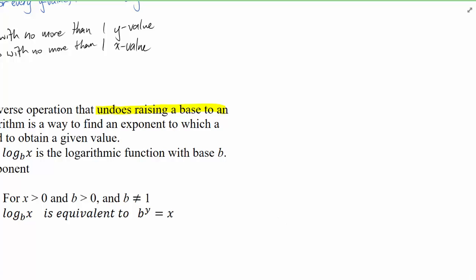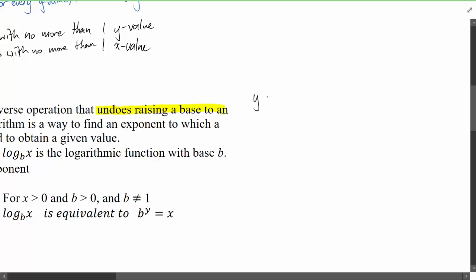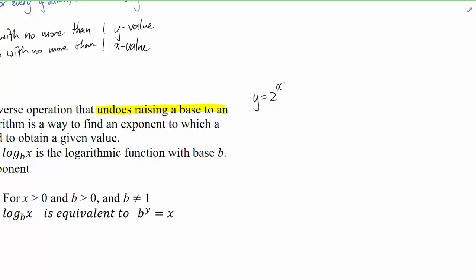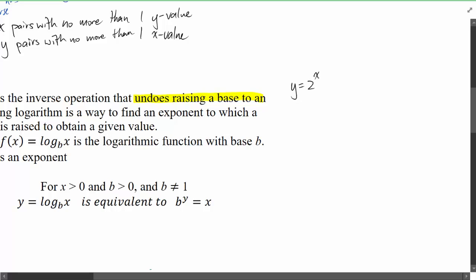Let's say we have a simple exponential function. This exponential function is raising 2 to an exponent x. To do that, we flip x and y. Remember, they're inverse functions.